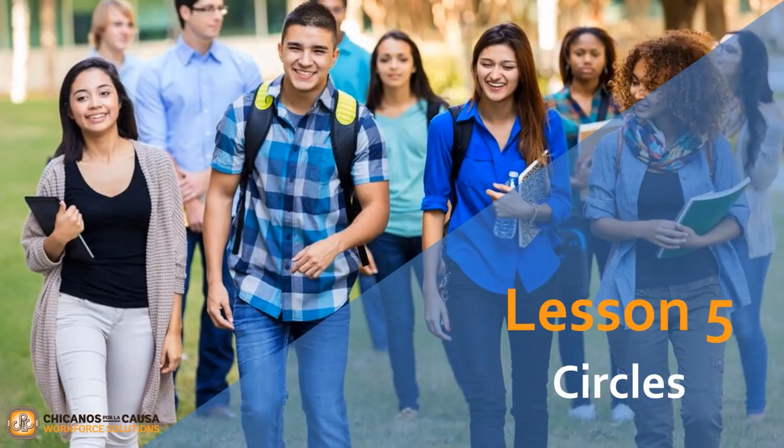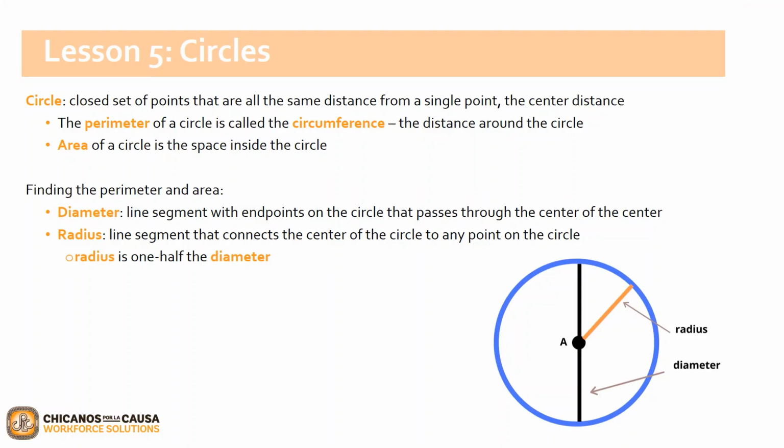We are now moving on to Lesson 5, Circles. We have been learning about triangles, rectangles, squares, trapezoids, so pretty much any plane figure that has a side to it. Well, circles don't have any sides.